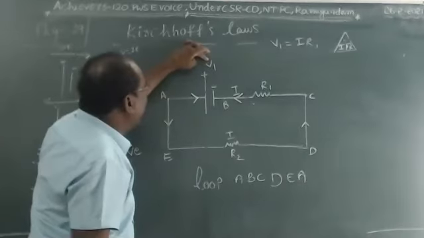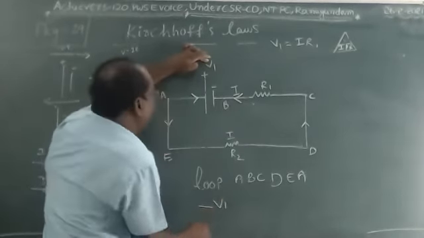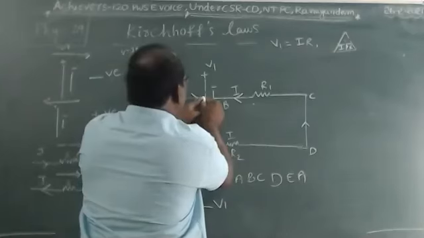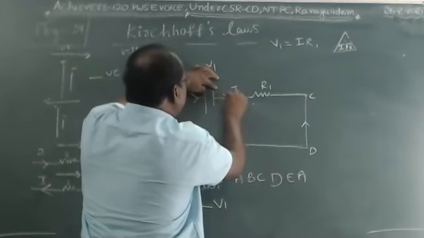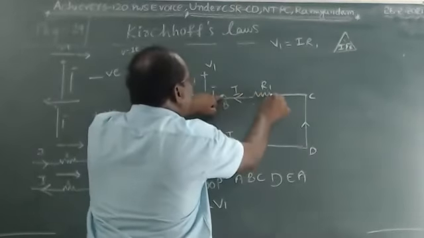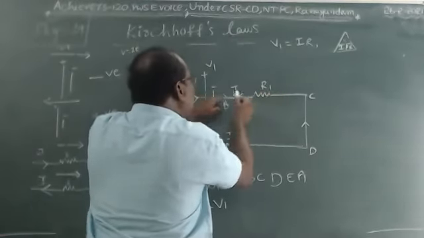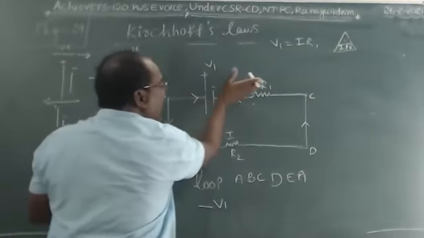What potential difference is there over here? Minus V1. Then the potential difference is moving in this direction, and in between, current and resistance will be there. The current direction is this way and the potential difference is opposite to this.